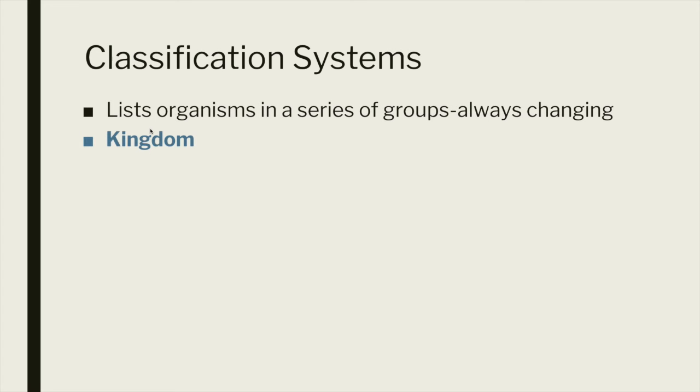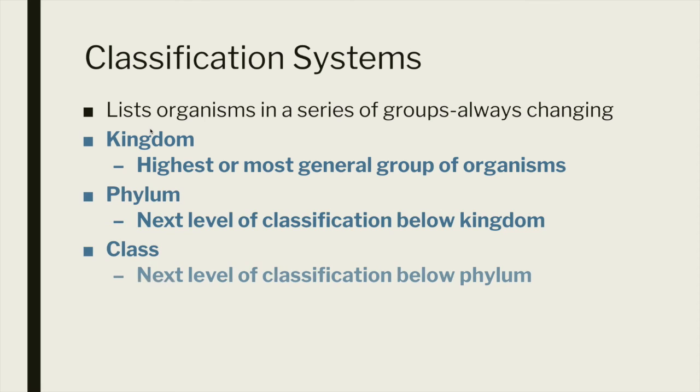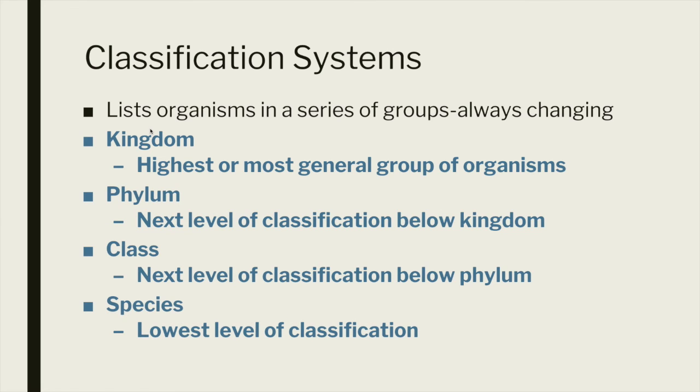So kingdom is going to be the most general, whereas species is the most specific group of organisms. So this just describes that kingdom is the most general, whereas species is the most specific. And you can even hear species specific, and that's going to help you fill out your notes also.